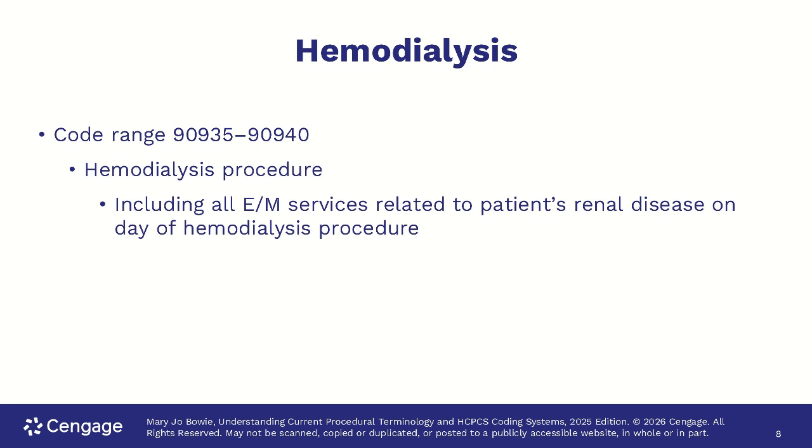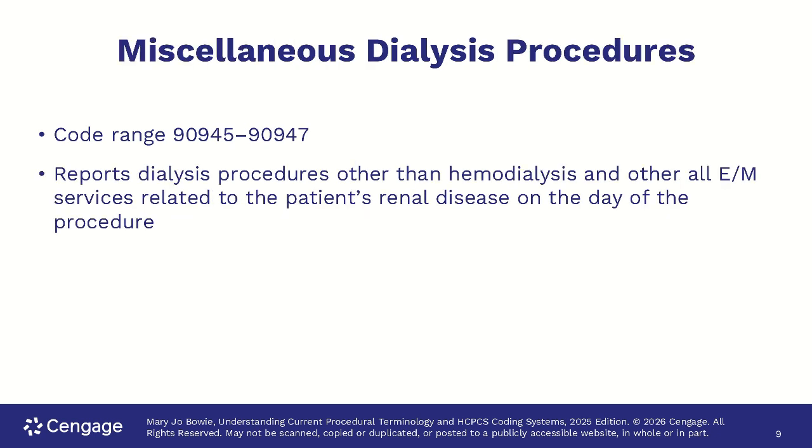The clean blood is returned to the patient's bloodstream. So the hemodialyzer makes sense for hemodialysis. So these particular codes include the hemodialysis procedure, including all E&M services related to the patient's renal disease on the day of the procedure.